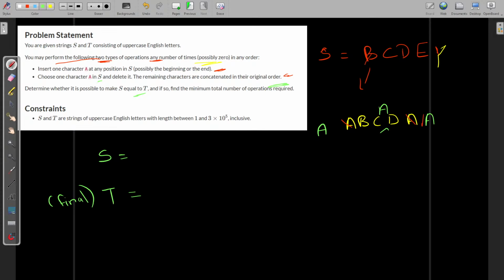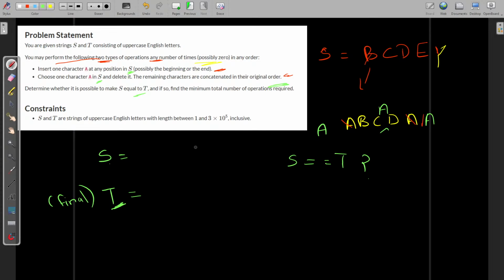As you can see, we can only make changes in the string S. We cannot make changes in the string T. So we can delete any occurrences of A from S, and we can insert A anywhere in the string S. Those are the permissible operations. After doing those operations any number of times, we have to find if S equals T. Is it possible? And if yes, then find the minimum number of total operations required. So this is our problem.